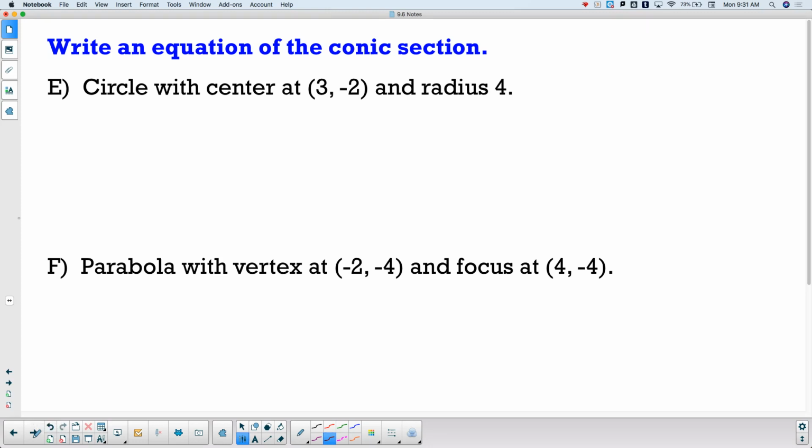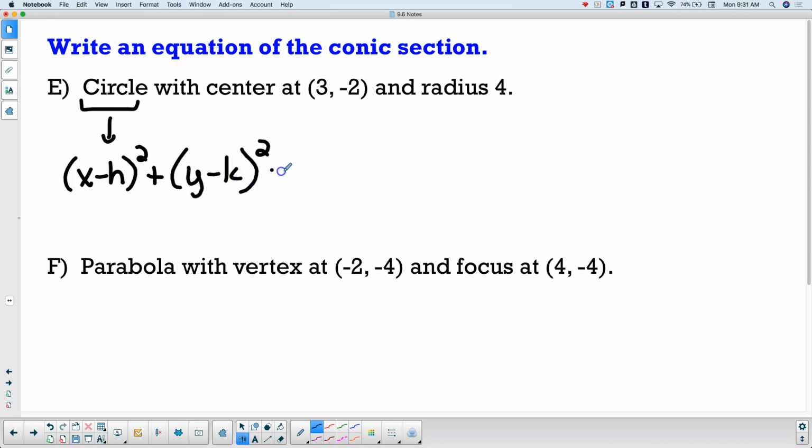So, for instance, a circle with a center at (3, -2) and a radius of 4. Well, it's a circle, so the equation is going to be (x minus h) quantity squared plus (y minus k) quantity squared equals r squared. What's h? 3.